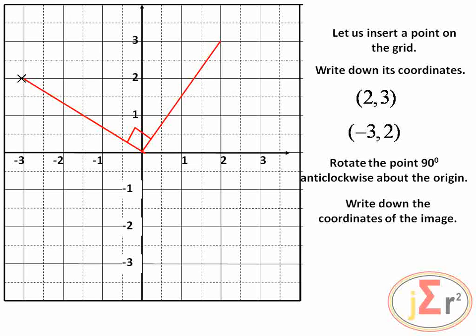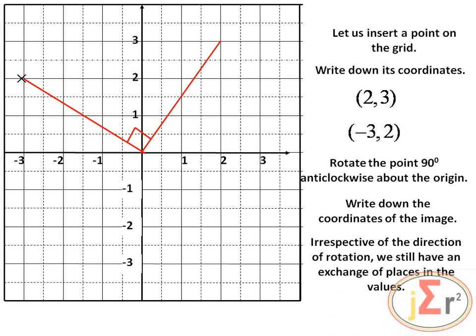And what do we know? Neglecting the sign, irrespective of the direction of rotation, we still have an exchange of places in the values. Like that. And that is always a property of 90 degrees rotation about the origin.